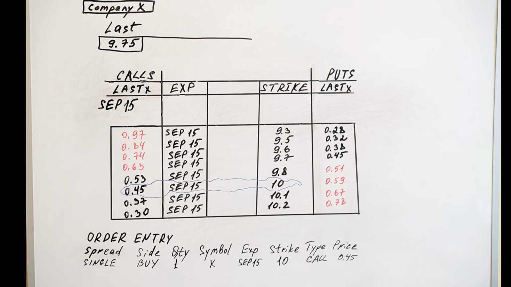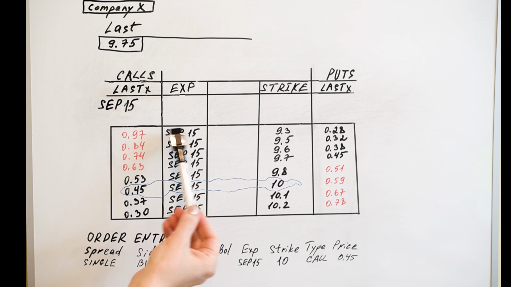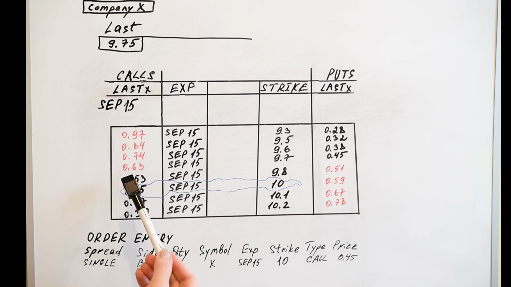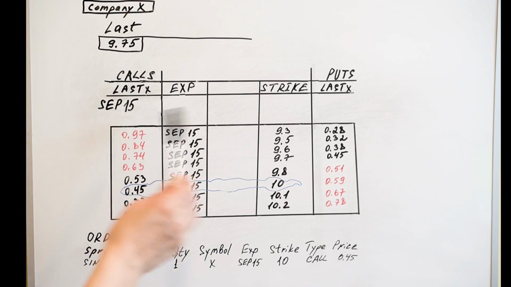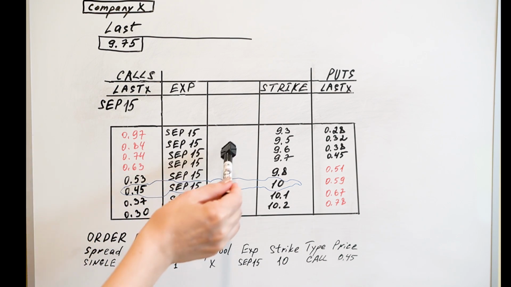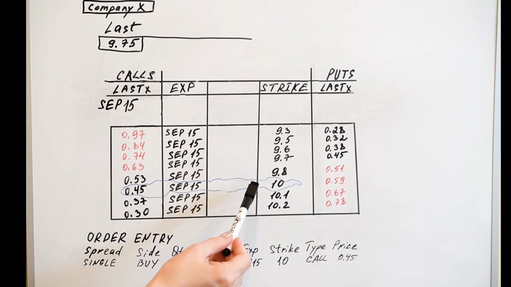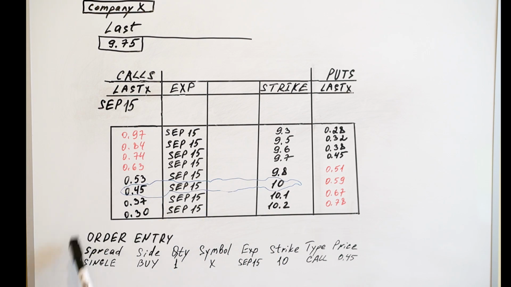When you want to buy, each line here represents a contract. The first line is a contract, then the second, third, etc., for the calls and for the puts. So when you click on the ask price in the broker platform, for example on this contract, you get the following form, which is called order entry.